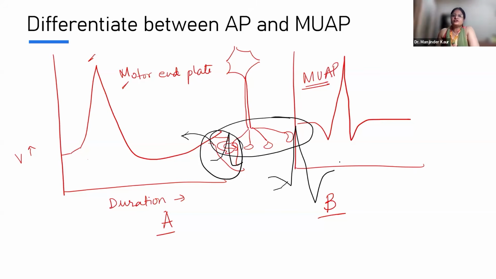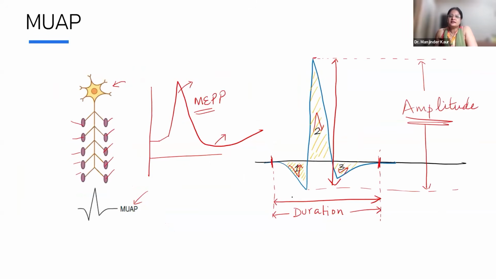Right? So here also the motor unit action potential has a duration that depends on the number of fibers which are getting activated, right? And the amplitude doesn't matter much here in the motor unit action potential because all the fibers are not very close to the needle which you are inserting.